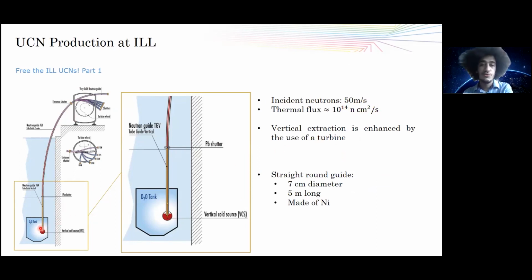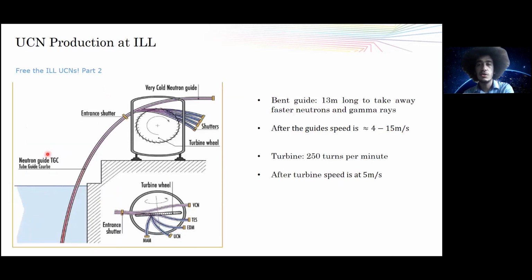So basically you're vertically extracting them through this straight guide, which is 5 meters long and made of nickel. And as they keep rising, they're going to keep losing their energy as they go up. And then they're going to reach the bent part, which is even longer, and it's 30 meters long.